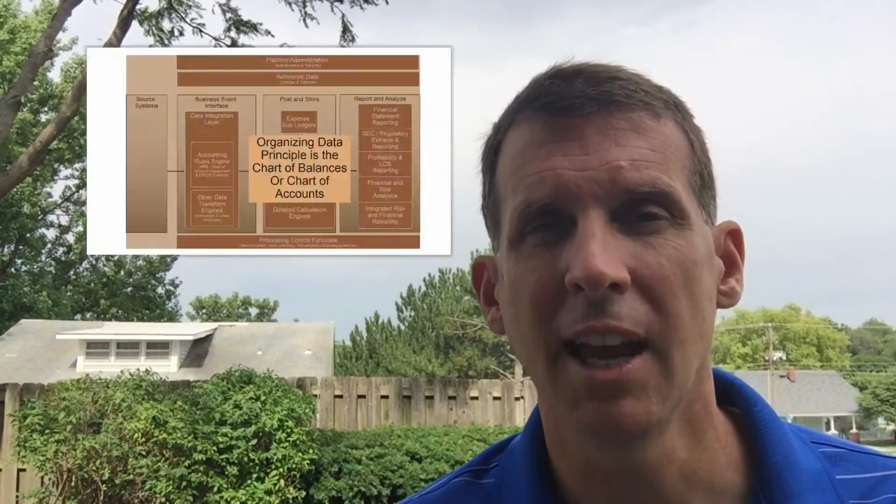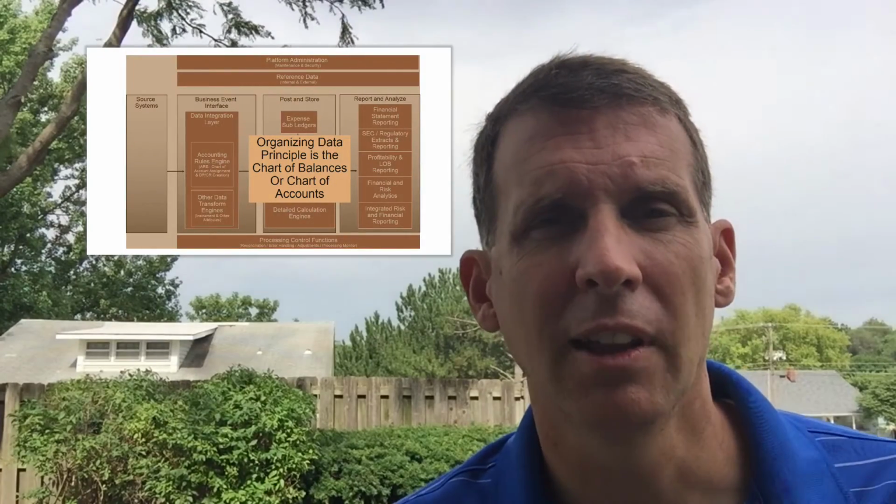Male and female may be recorded as M and F in some systems, 1 and 2 in other systems, or something else. So there's all kinds of disparity in the data structures that exist outside the system. As it goes through the first layer, the data integration layer, you remember that the general ledger, the chart of account, is a consistent data structure that exists across those pieces of the enterprise that feed that ledger.